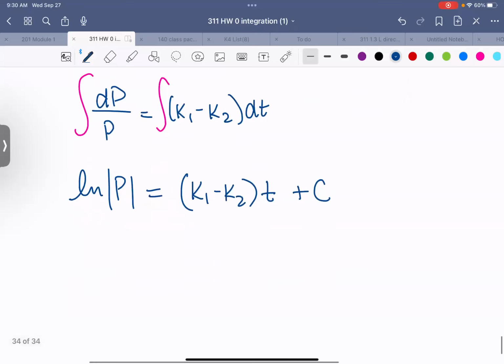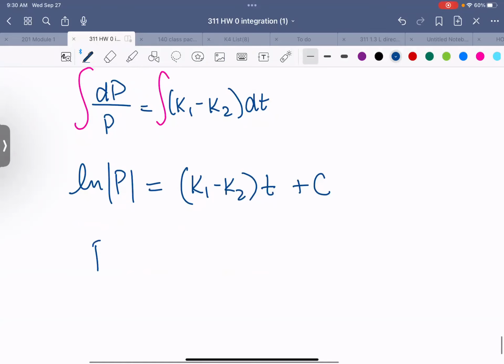All right, so then you're taking e to both sides. That's going to give me P on the left. E to all of that on the right, that constant's going to come down. And then you have e to the (K1 minus K2)T.